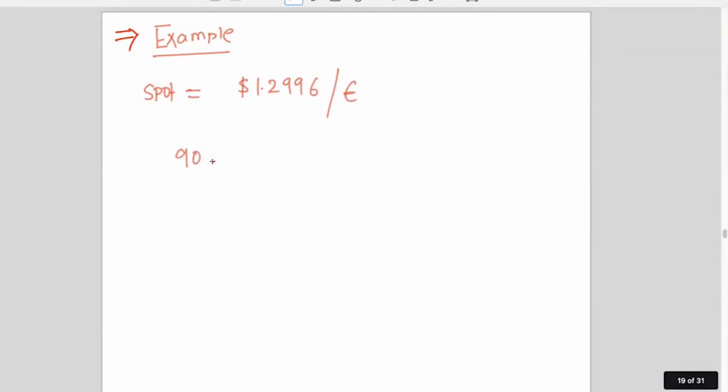The 90-day MRR schedule is as follows. In dollar terms, it is 6%. In euro terms, it is minus 0.5%. Question number A, calculate no arbitrage forward price.